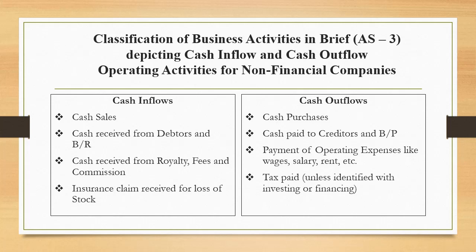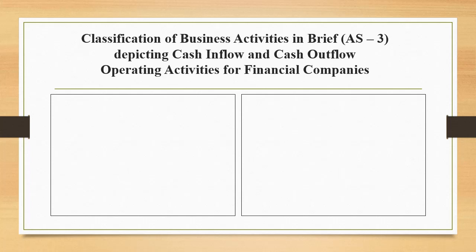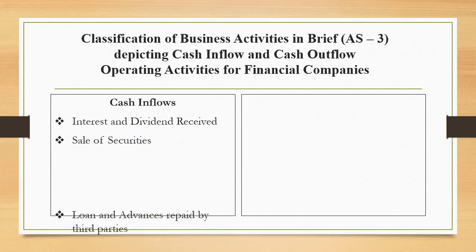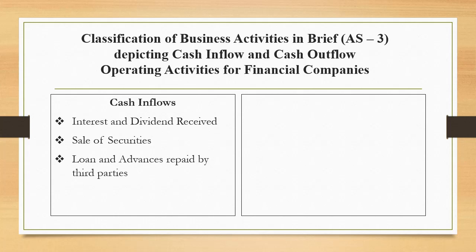After going through the inflows and outflows for non-financial companies, now let us go through the inflows and outflows for financial companies. First, cash inflows. Interest and dividend received will be operating activity for financial companies. Sale of securities, loans and advances repaid by third parties.